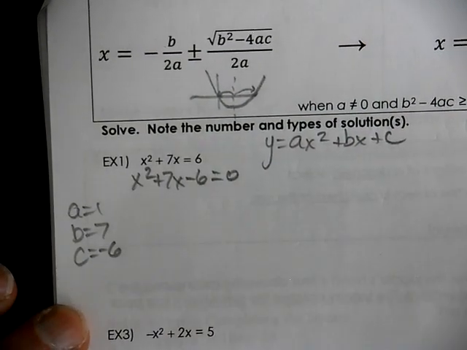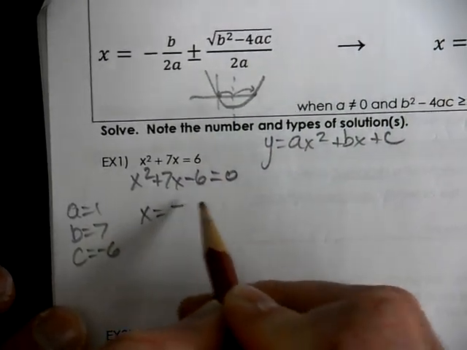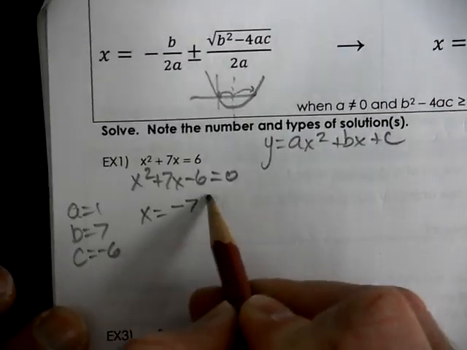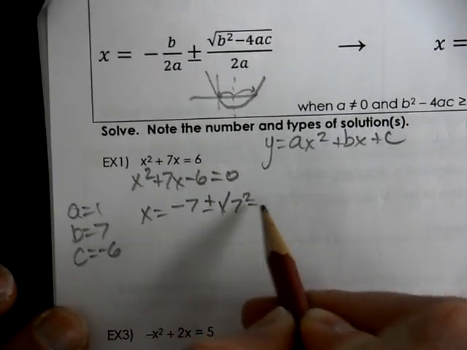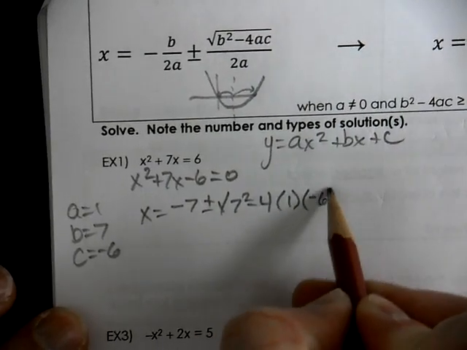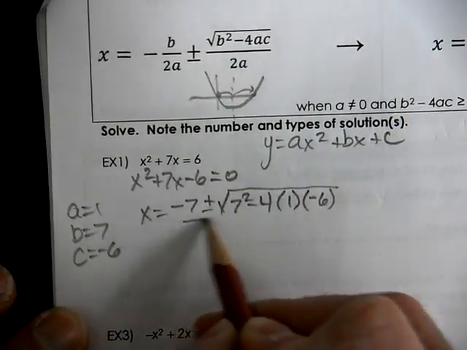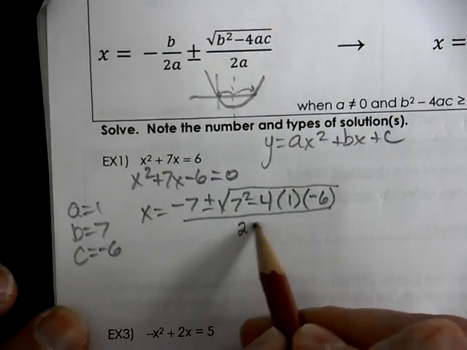So our quadratic formula: negative b, so negative 7, plus or minus the square root of 7 squared minus 4ac, all divided by 2a.